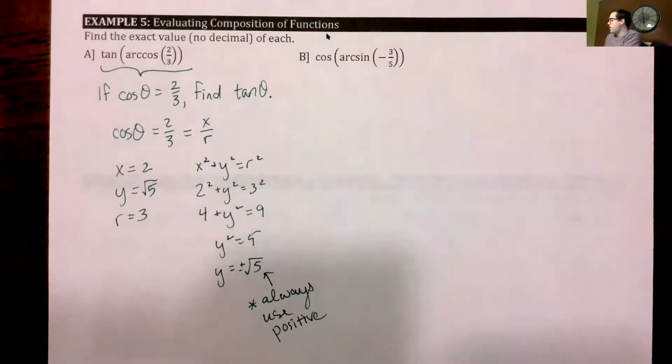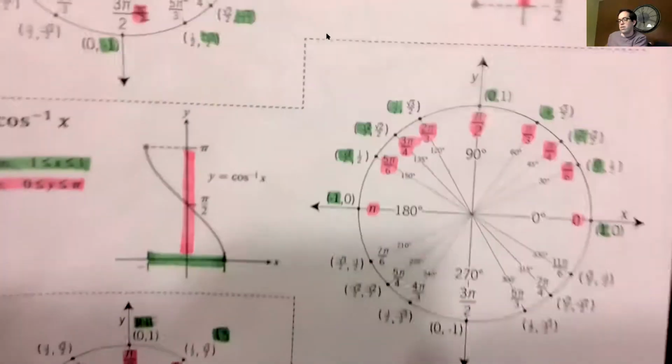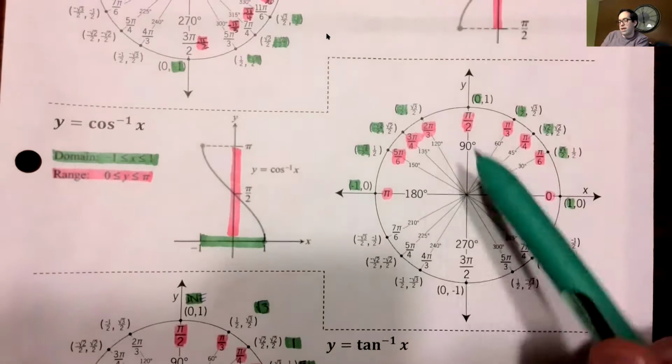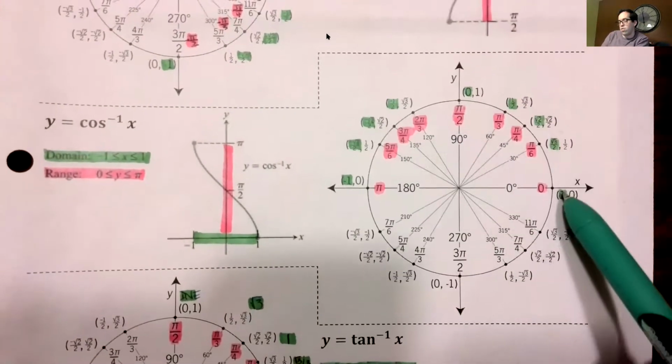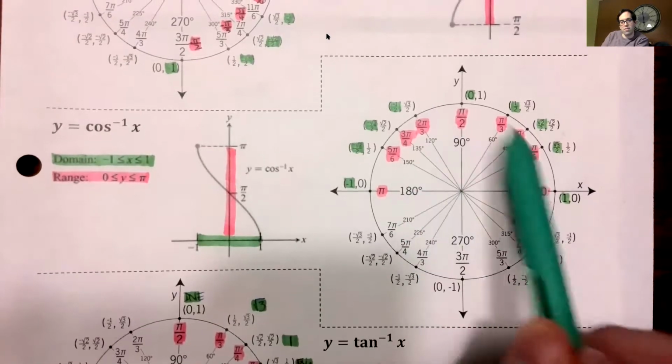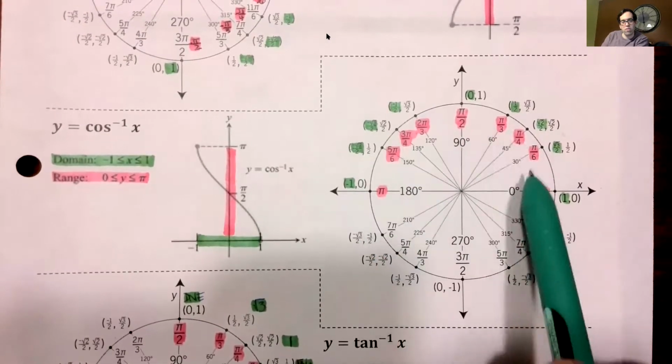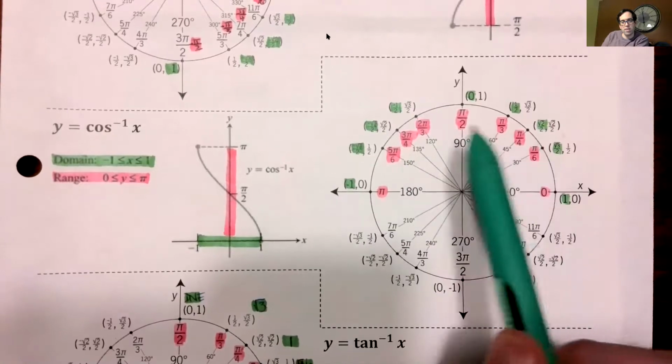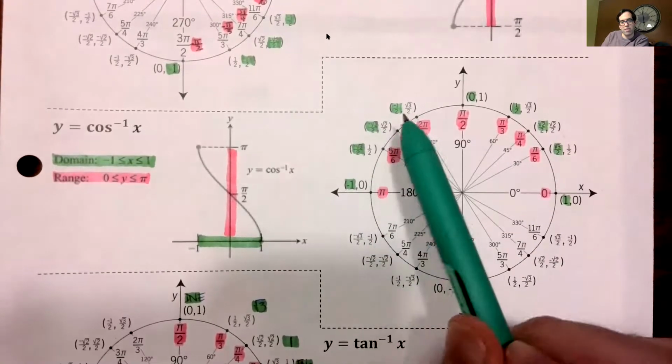All right, and on our graphic organizer, we were looking at arc cosine and finding the y value. Take a look. Any output or any angle that we're using here that's considered an answer from arc cosine, any of these pink angles, has a y value that's positive, right?